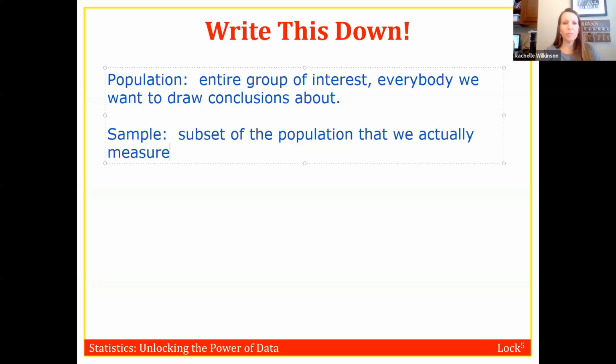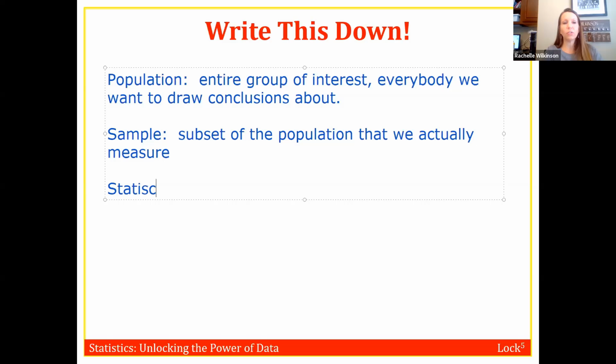So the sample is the subset of the population that we actually measure. These are the people that we actually collect the information on. Our data set is made up of the people in our sample. And then our goal is going to be to use the information in our sample to draw conclusions about the population. So we call that statistical inference.